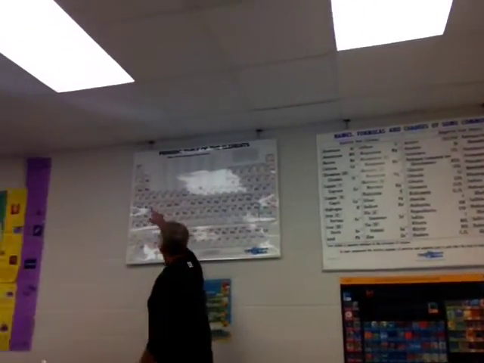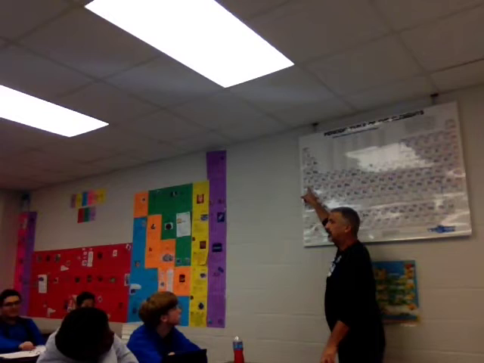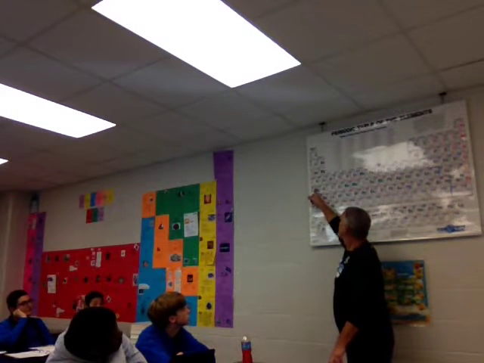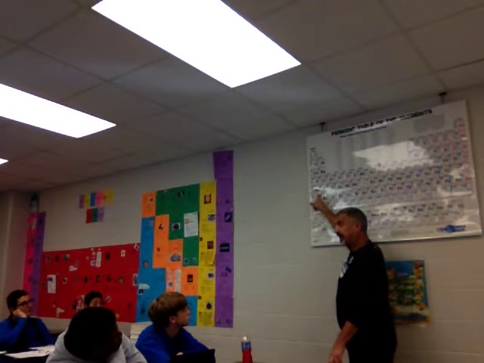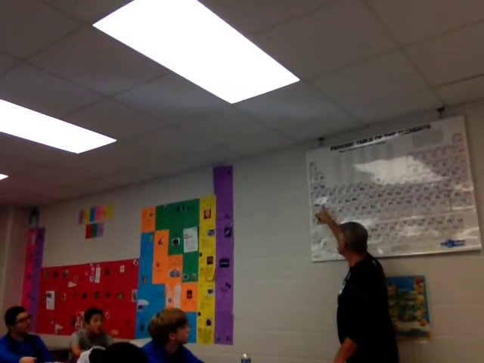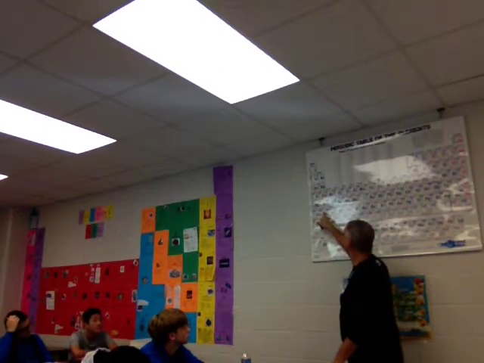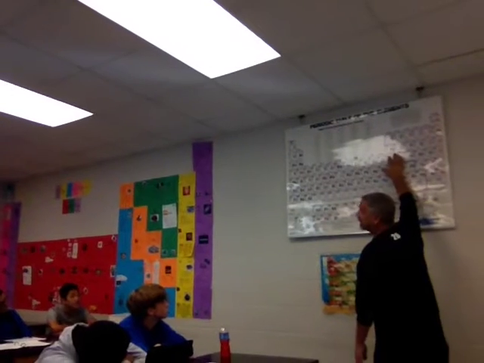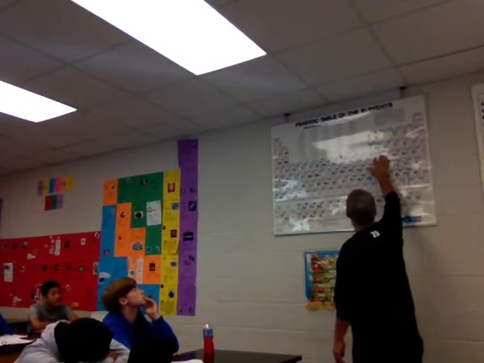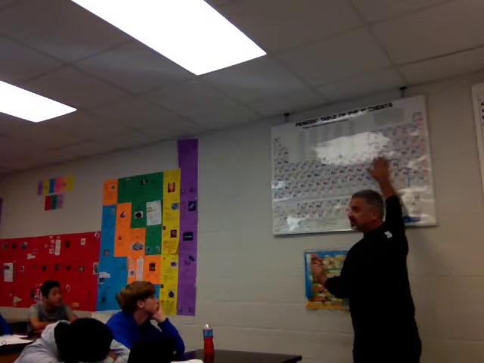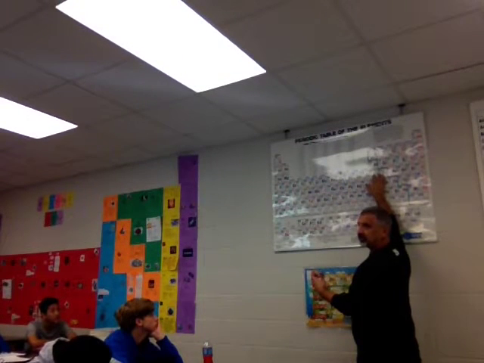Okay, so if I look, all of these elements are going to form what charge? Plus 1. These are all going to be plus 2. These over here are going to be plus 3. These would be plus or minus 4, but almost always plus 4.